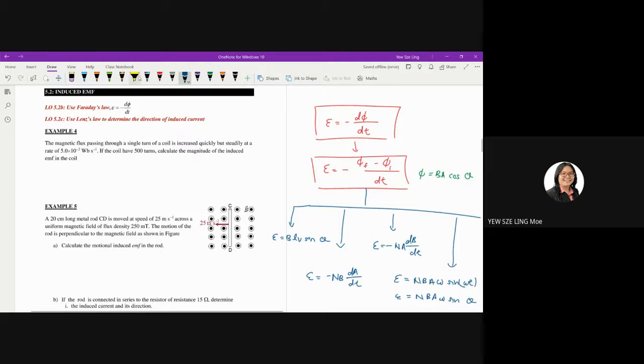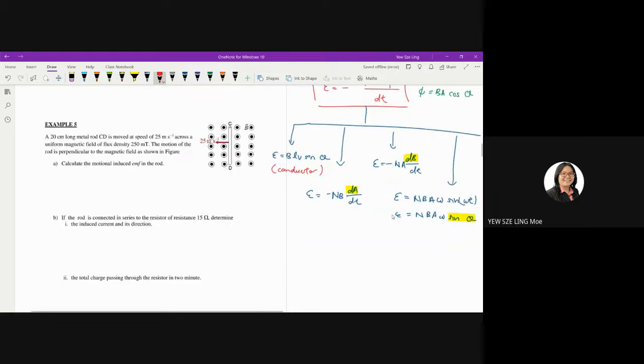This tells you that one equation depends on the change in area, one depends on the change in B, and this one depends on the angle. The first one is for a straight conductor, where we derive it because there is a change in the area. This one is for a straight wire. The other three are for coil.